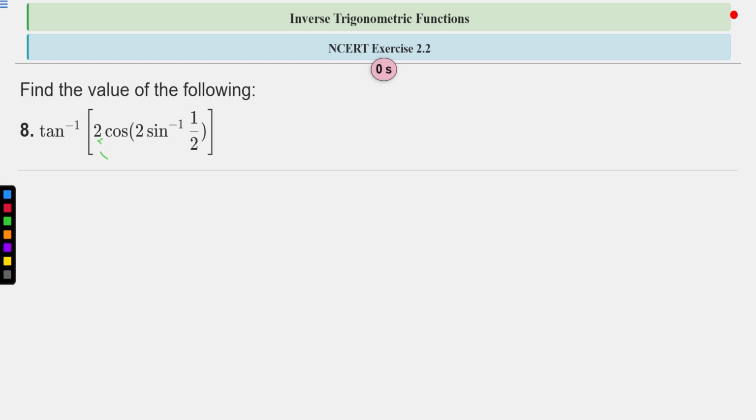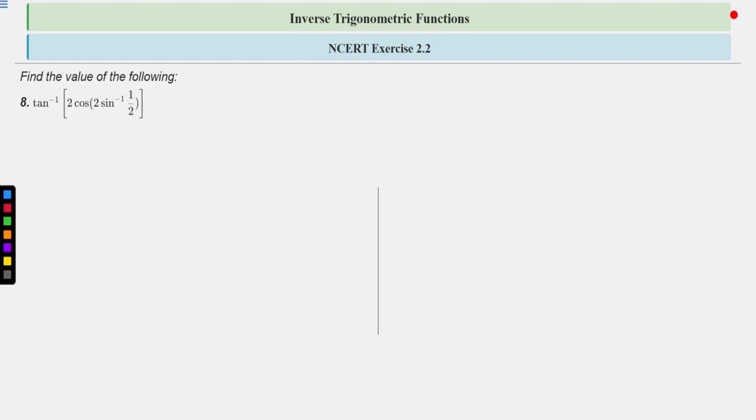So we can further simplify tan inverse tan of something. Clear? You can just put values also, right? So in this way, you can try to approach this question. Let us move to the solution part.